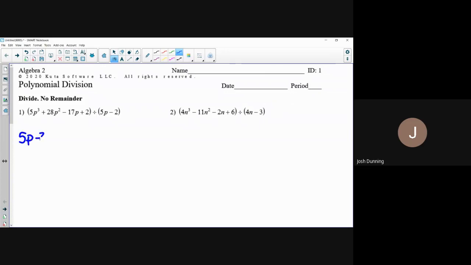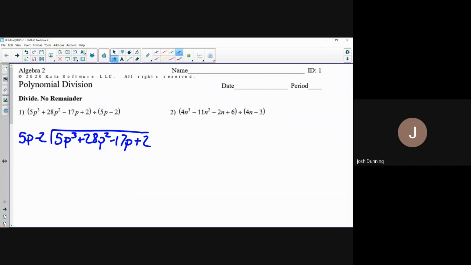So we got 5p cubed plus 28p squared minus 17p plus 2 divided by 5p minus 2.